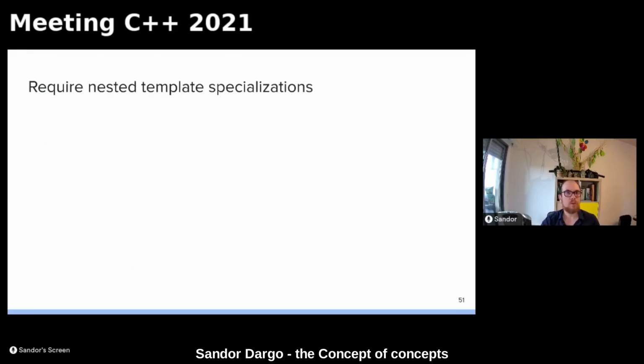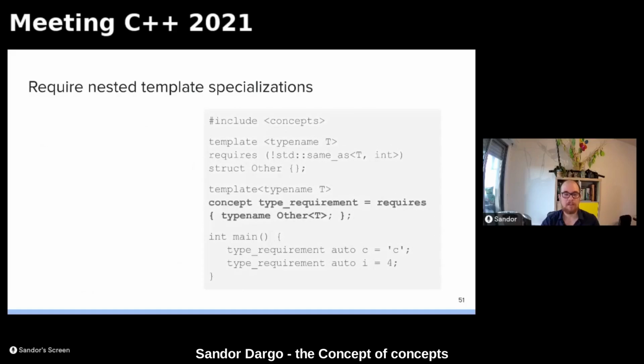So for nested template specializations, you can say something similar. In this case, we write a struct other that has a requires clause. And it says that its template parameter must not be an integer. And we just wrote a test concept called type requirement, which requires that other with T is instantiable.